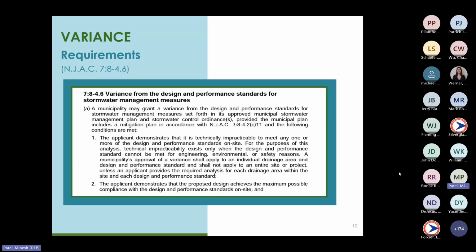Additionally, the conditions shown here, in part from the rules, must be met. The applicant has to demonstrate it is technically impracticable to meet one or more design and performance standards on site. Those reasons can be only engineering, environmental, or safety-based.